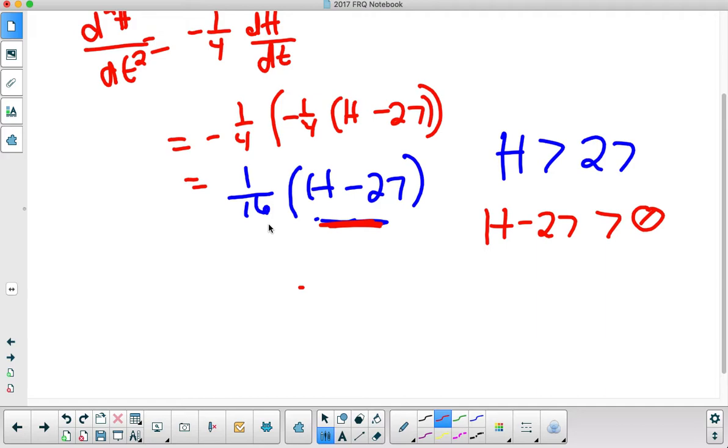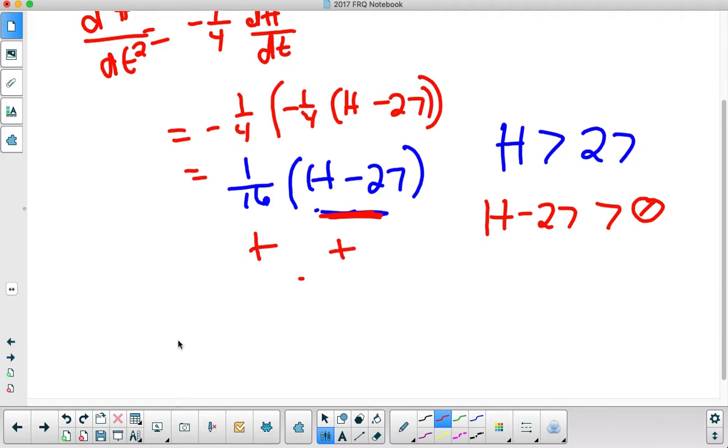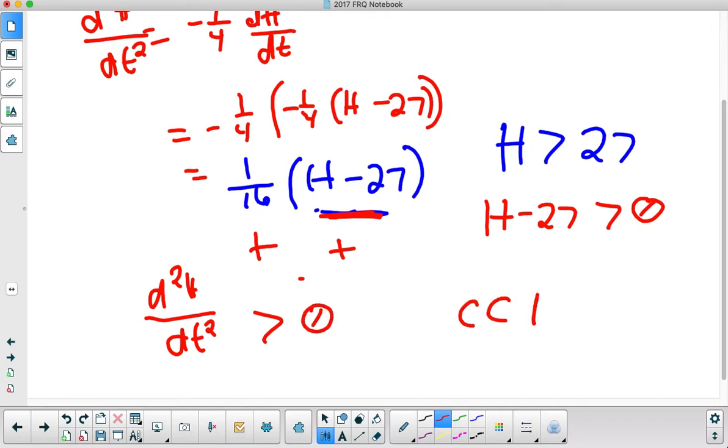So since this is positive and this is positive, that means that the second derivative is positive, which means this graph was concave up, which means that our estimate from part A was an underestimate.